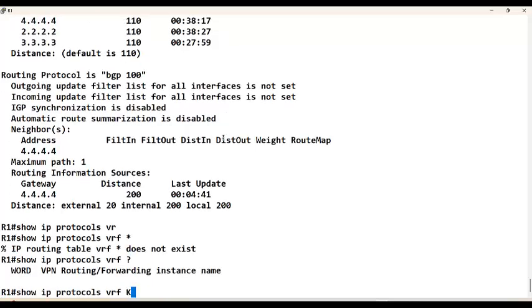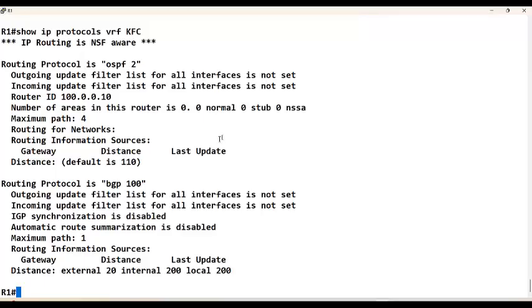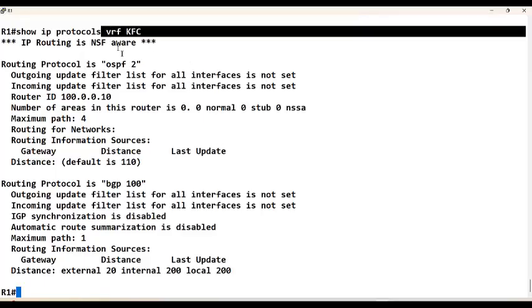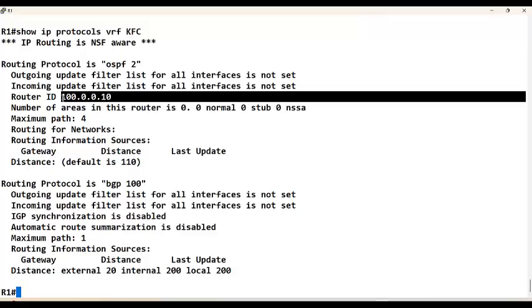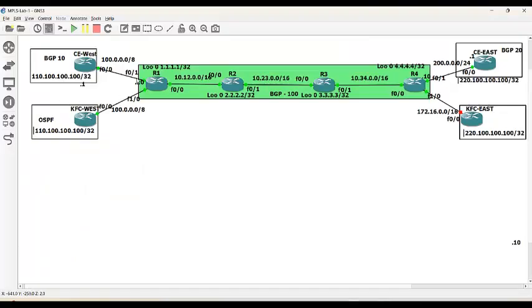Okay, KFC. It says for VRF KFC, I have OSPF 2 and it has taken a router ID 100.0.0.10. This is just an ID. Actually, it has taken the address from this interface that goes to Burger King.